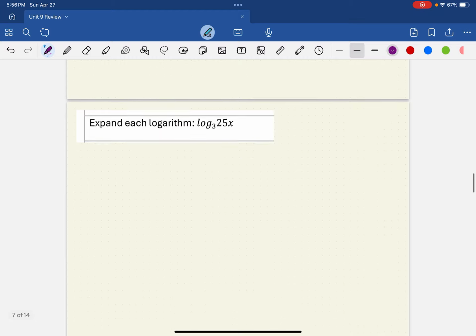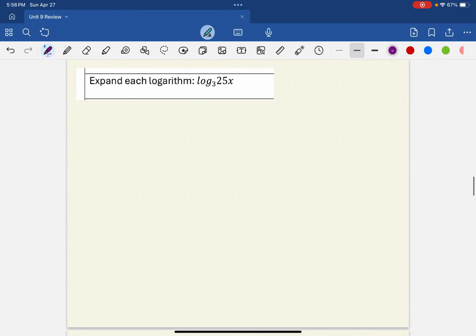Next one, we're going to expand this logarithm, log base 3, 25x. So because I have 25 and x next to each other, I know that's multiplication. So I'm going to do log base 3, 25 times x.